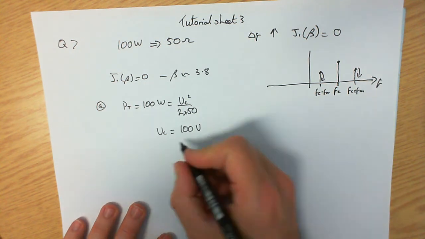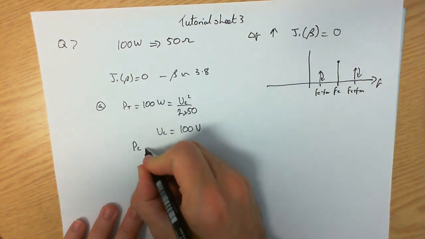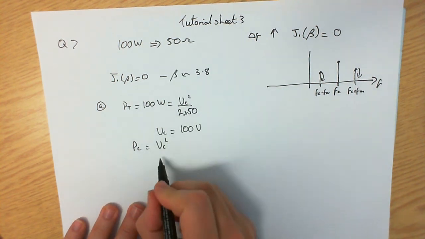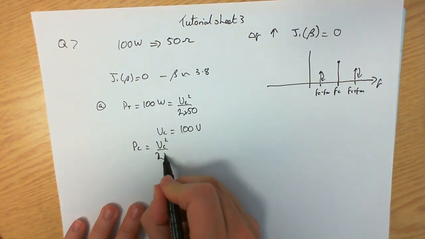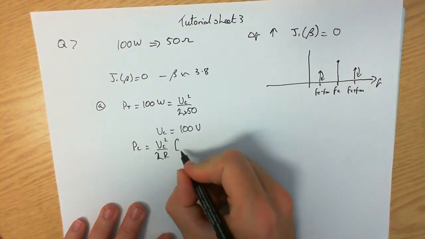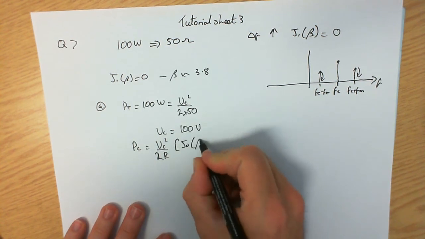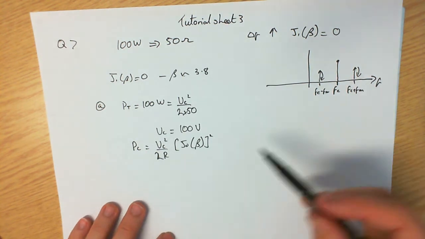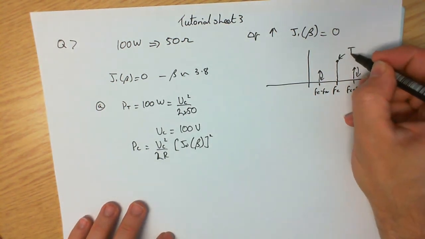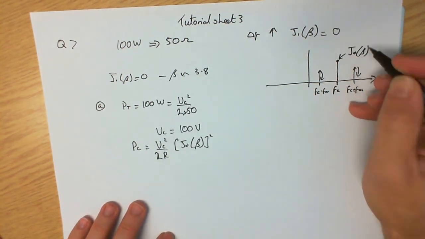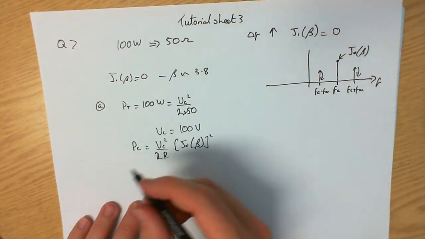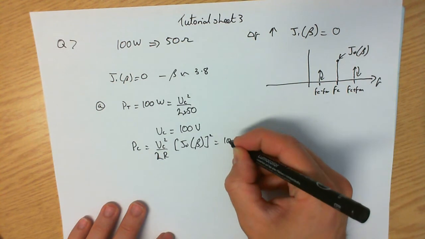So the carrier power is equal to Vc squared over 2R times J naught of beta, all squared. J naught gives us the amplitude of our carrier component, and Vc squared over 2R is equal to 100.